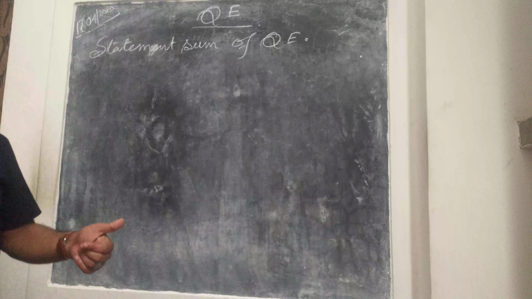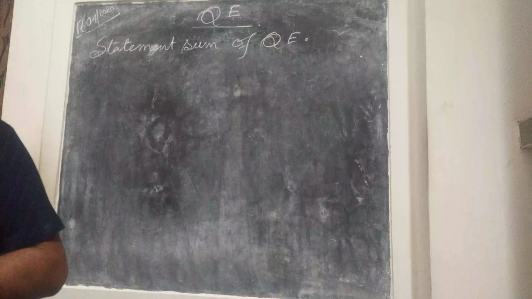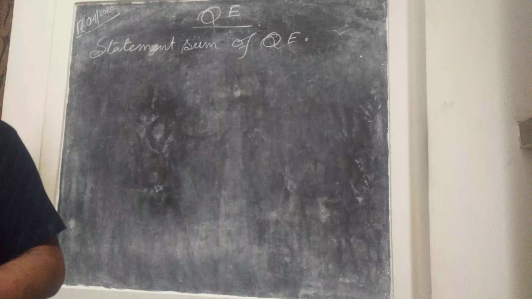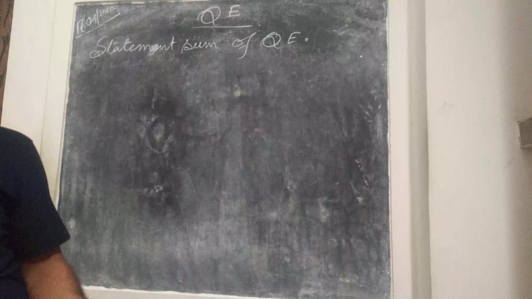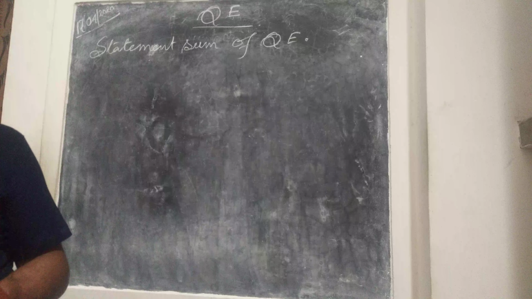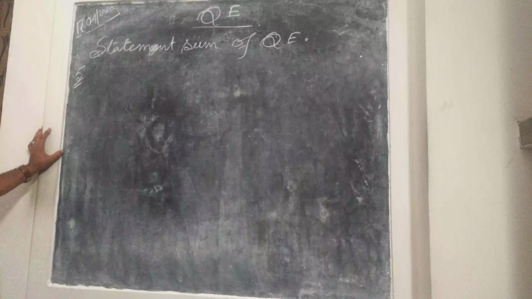So here also you can take 2 variables, that means suppose marks obtained in mathematics be x and marks obtained in English be y. But instead of that, we have to do it by quadratic equation. So let's see. Question number 5.